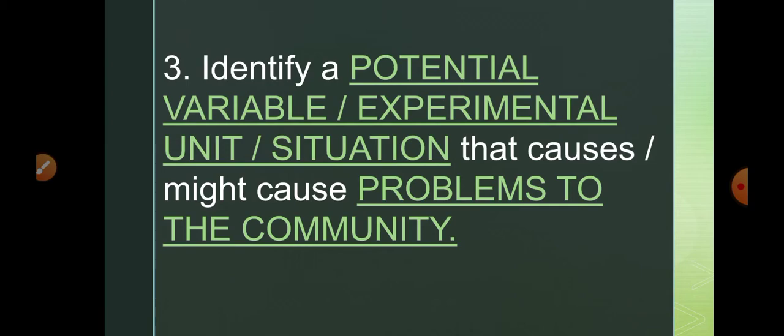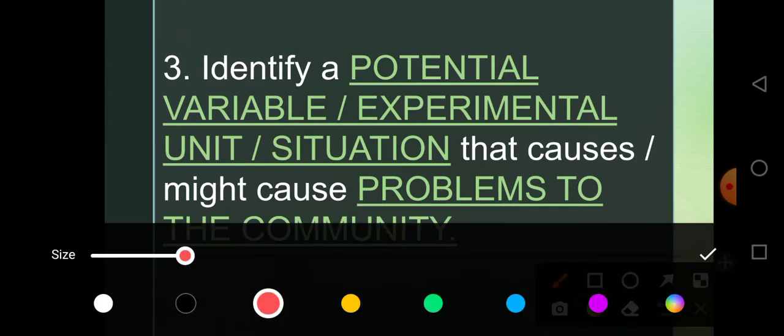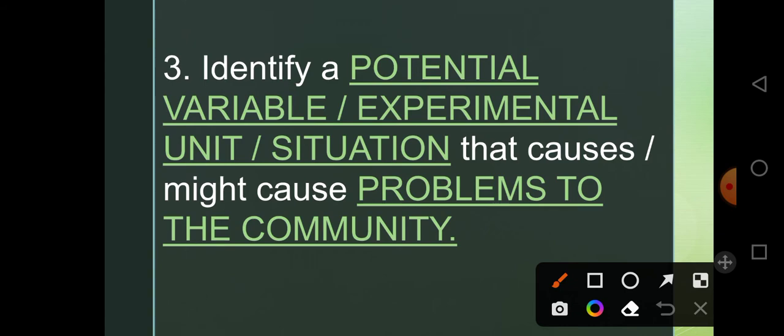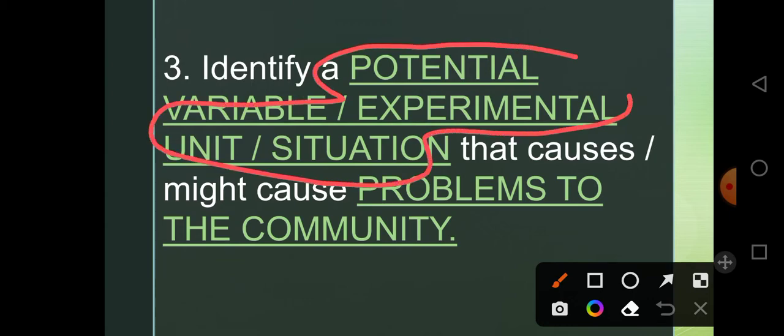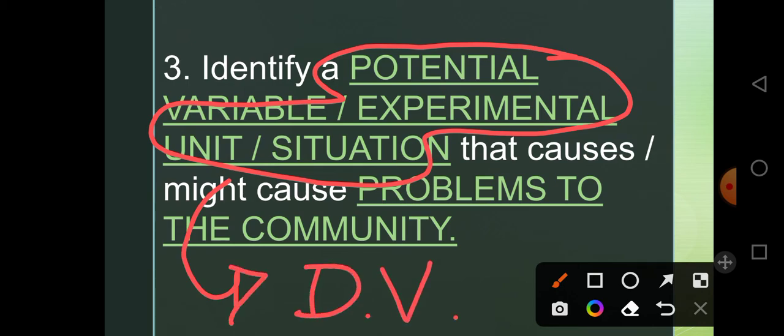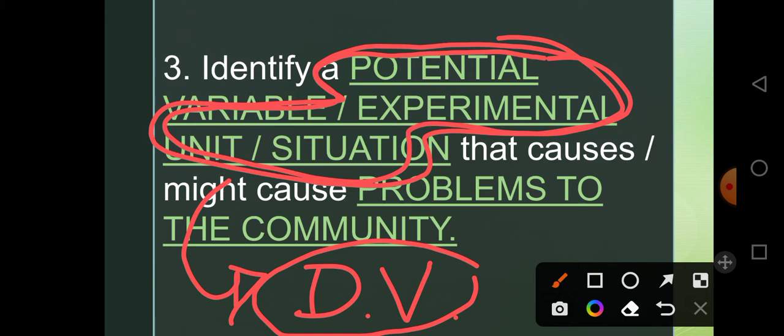And note here, class, that most of the time, the identification of our potential variable and experimental unit will actually identify our dependent variable or DV. Okay? So again, the identification of our potential variable, experimental unit, or a situation will lead us to the identification of our dependent variable. And actually, class, the identification of such dependent variable will lead us to our next guideline.